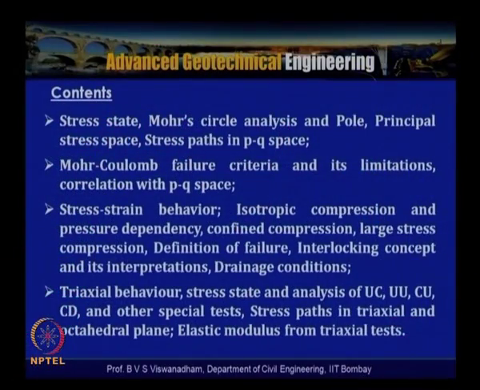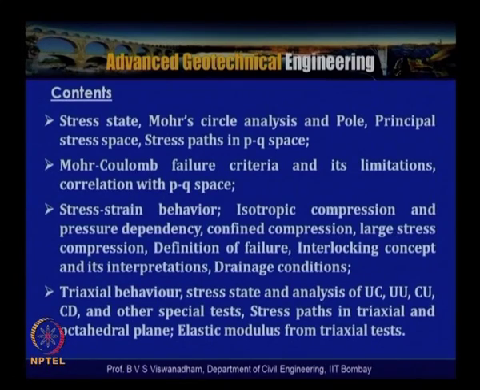We are going to cover the contents of this module in the following way. First we will introduce ourselves to stress state, and then we will try to understand the Mohr circles and Mohr circle analysis, and how to identify a pole, the principal stress space and the stress paths in PQ space.